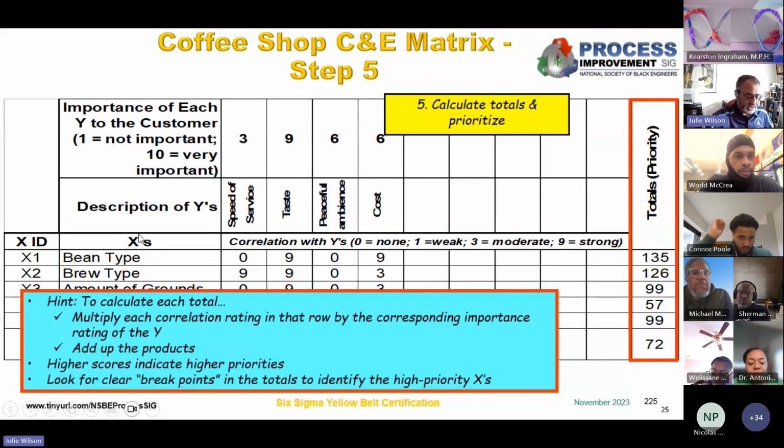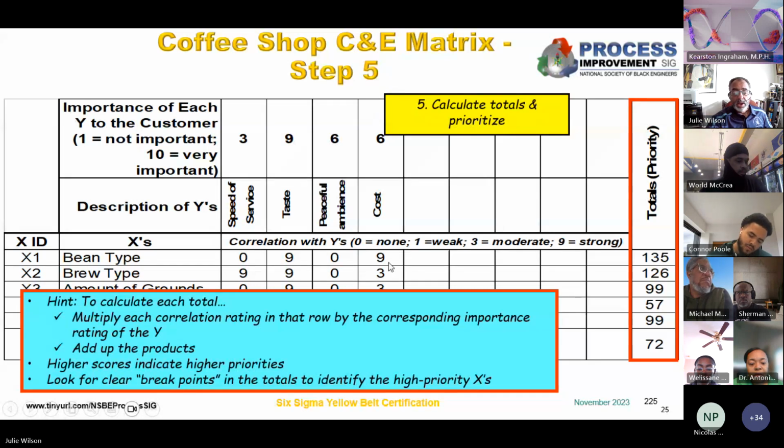In most cases, you also prioritize things on a scale of 1 to 10, and you can correlate factors, and there can be different approaches. Here we're saying use 0, 1, 3, 9. Some people use 1, 3, 6, 9. So there can be variations of it, but this is a pretty standardized template that one would use.